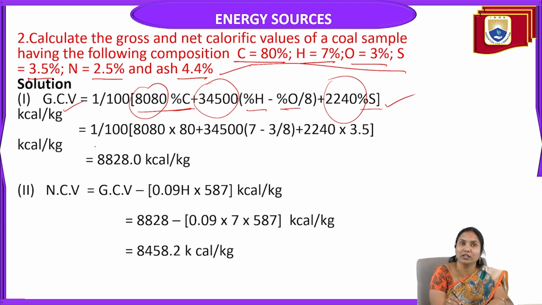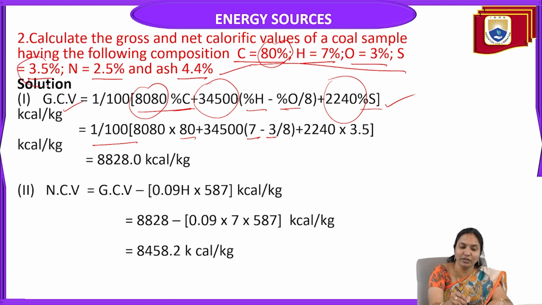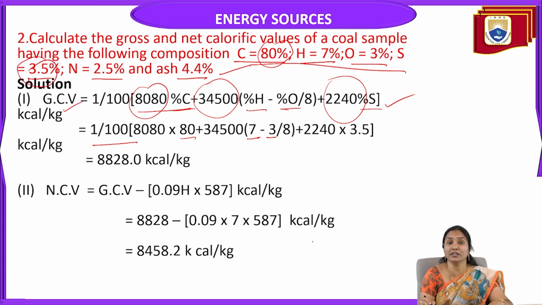Then we'll get GCV equal to 1 by 100 into 8080 into the percentage of carbon, which is 80, plus 34,500 into 7, the percentage of hydrogen present in the given fuel, minus 3, the percentage of oxygen present in the given fuel, by 8, plus 2240 into the percentage of sulfur, which is 3.5.